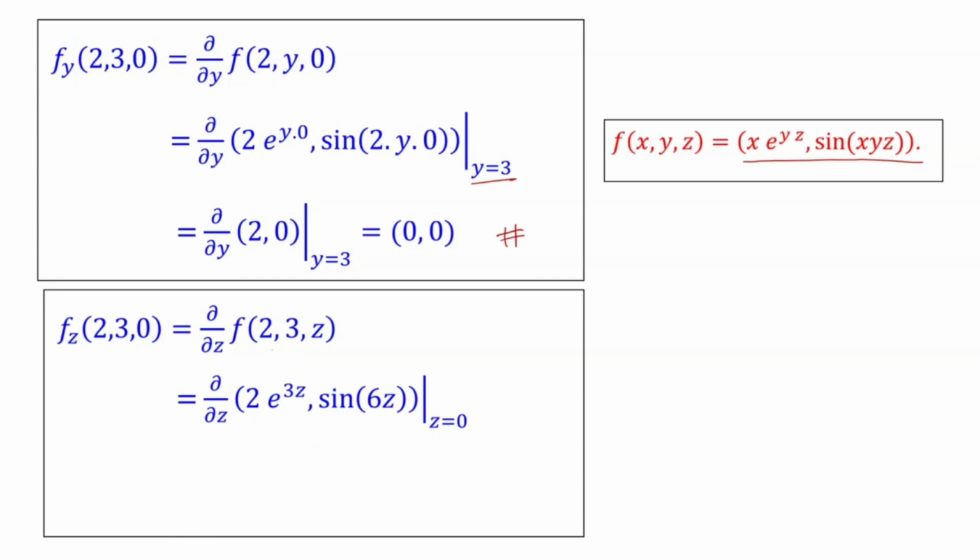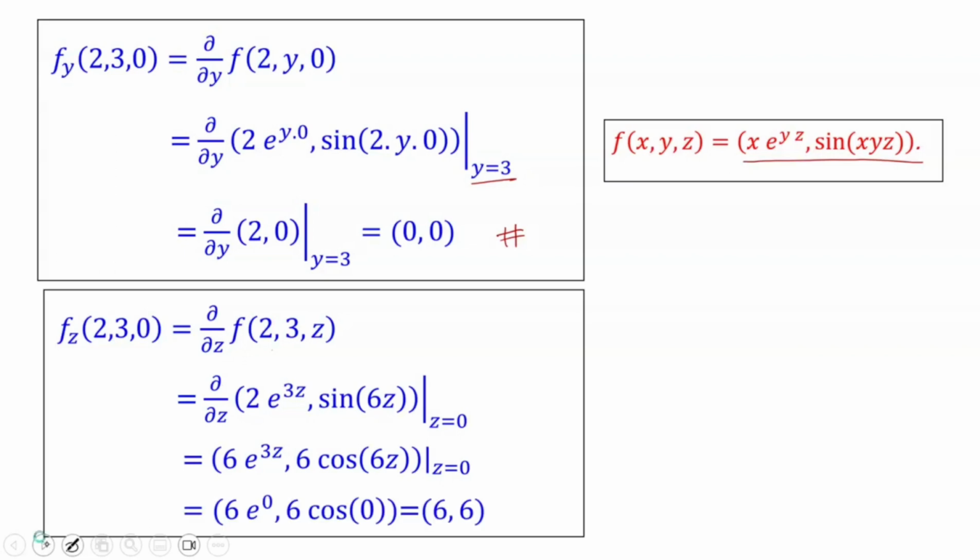Now if we take the derivative here, this will give you 6 e to the power 3z, and 6 cosine 6z. After simplification, putting the value of z equal to 0, you will get 6 e to the power 0, comma 6 cosine 0. So the final answer is (6, 6).